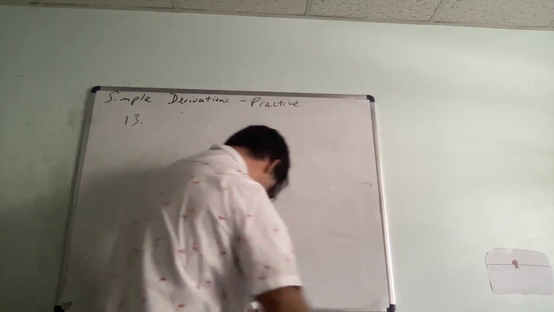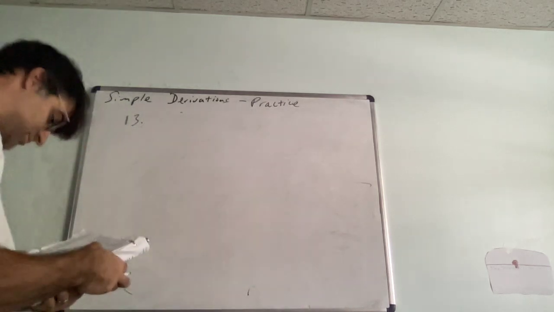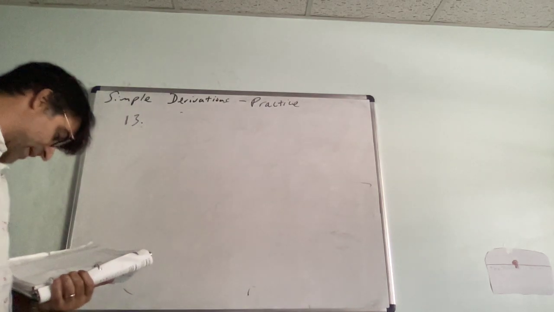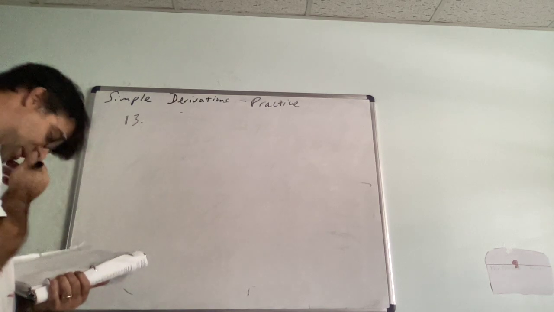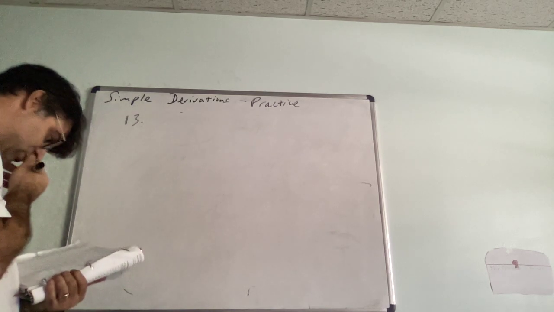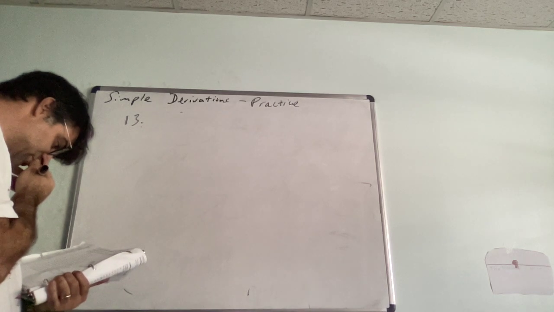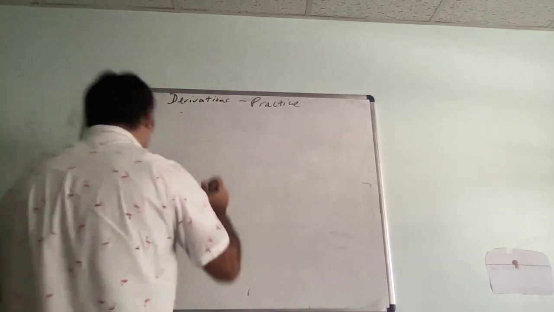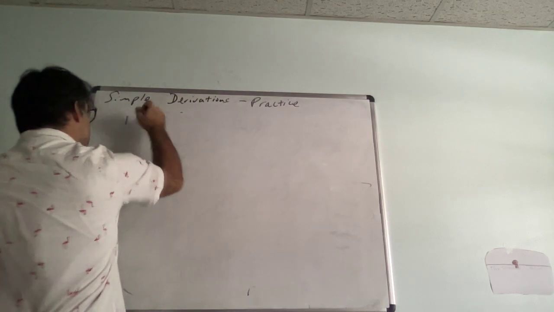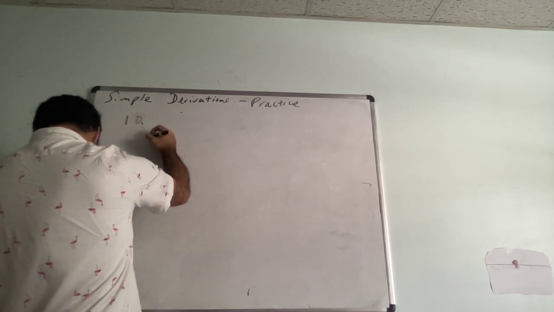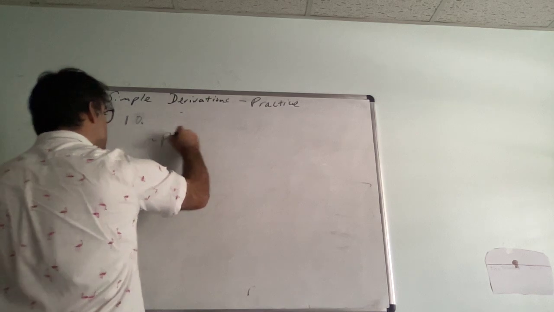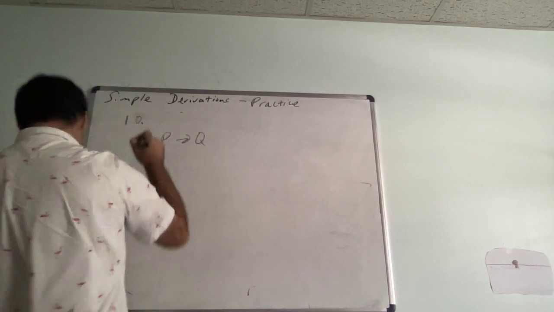More complicated inference patterns. And we're going to do compound parts here. Let's do number 10. Not P arrow Q. Premise 1.